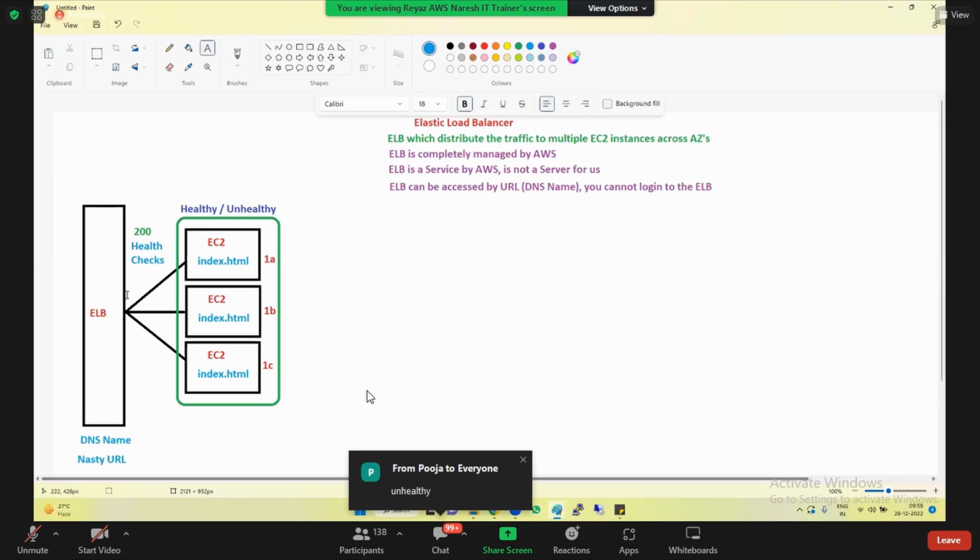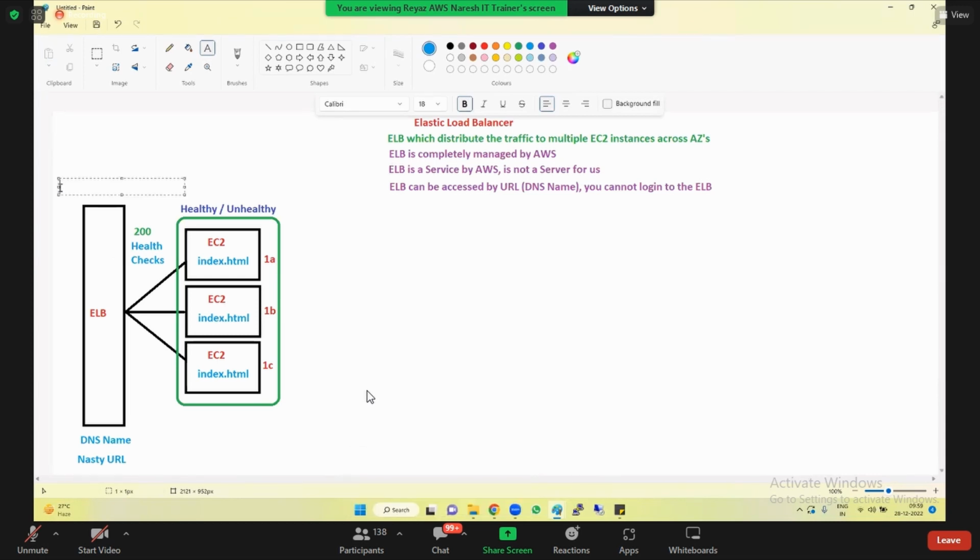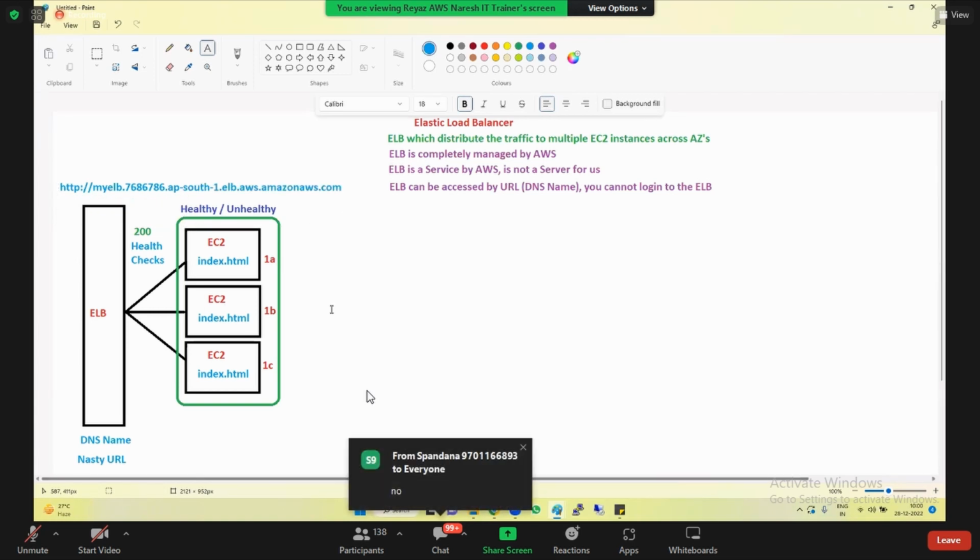Okay. How does that nasty URL look like? http:// the name of the LB, that is my LB dot blah, blah, some name numbers dot ap minus south minus one dot elb dot amazonaws.com, something like this will be there. So is it good to give this kind of URL to your customers? No. Then how do you do the makeup for this?